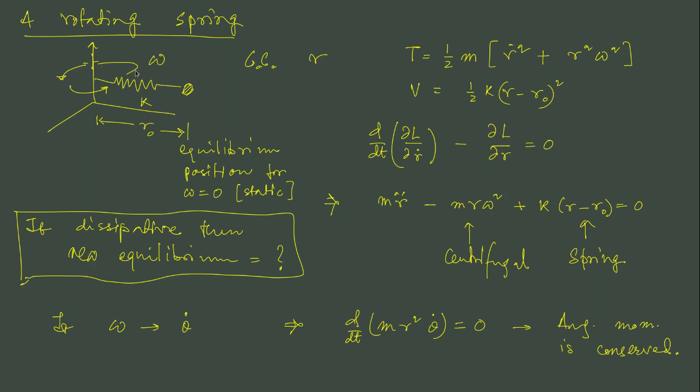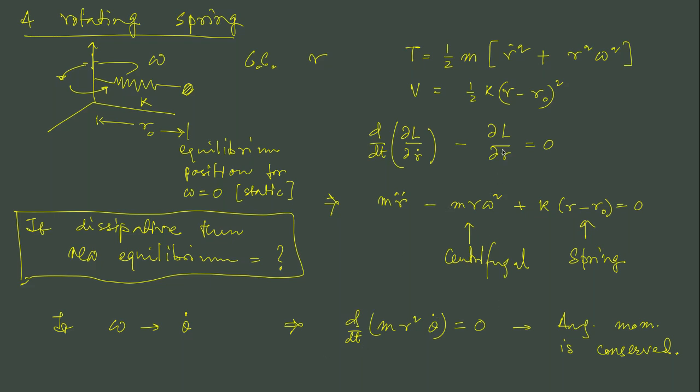Now, what if it is not predetermined, meaning it had some initial angular velocity, but we are not trying to keep omega fixed? Suppose it is theta dot, meaning we just let it change as it is. Then what would the dynamics be like? Well, if omega is theta dot, then the only place where theta dot will appear is in the kinetic energy.